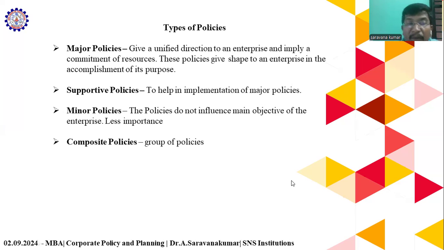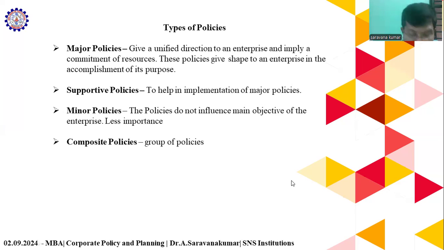Finally, composite policies. Composite policies are a combination, a group of policies, which helps to attain your goal, objective or target. The word itself reflects it: composite is nothing but a group, a group of policies joined together to achieve a common goal.